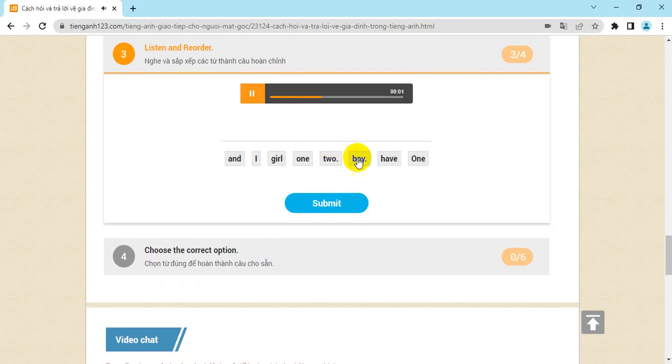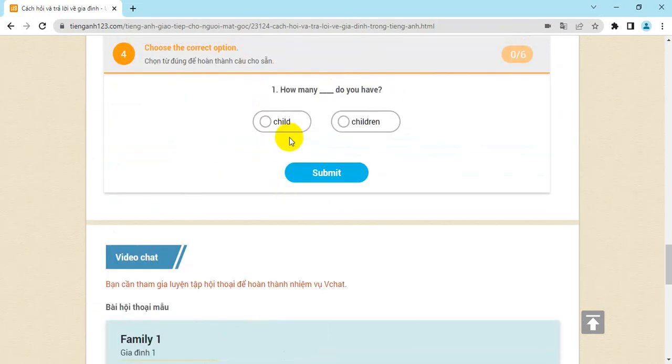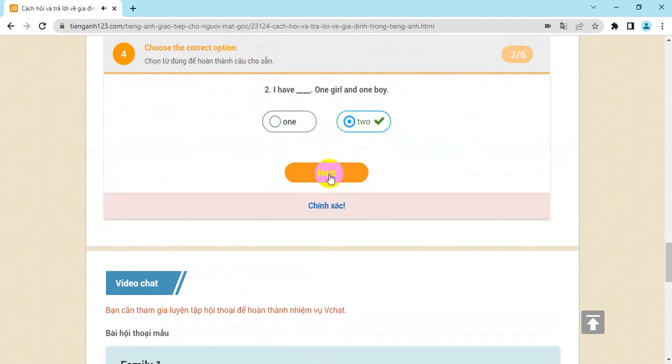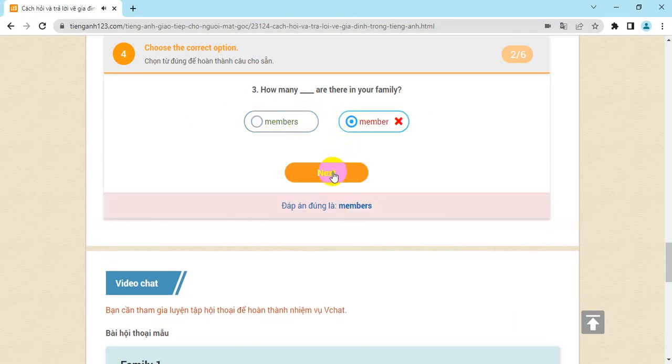I have 2, 1 girl and 1 boy. How many members are there in your family? There are 4.